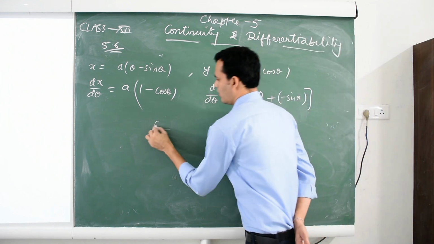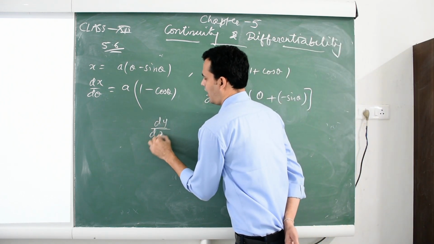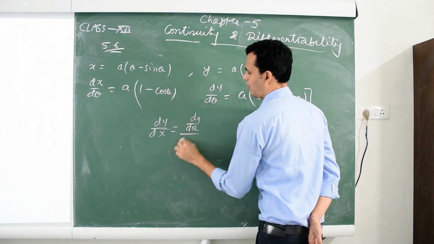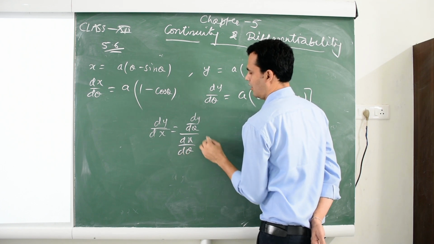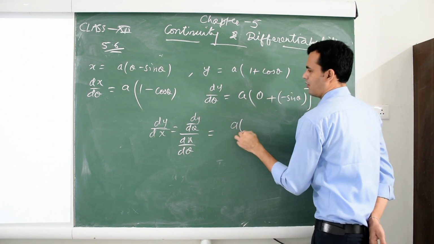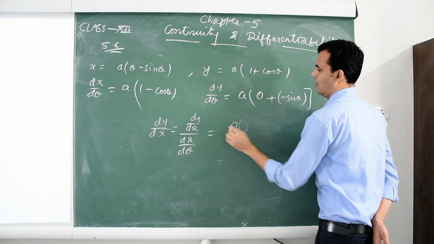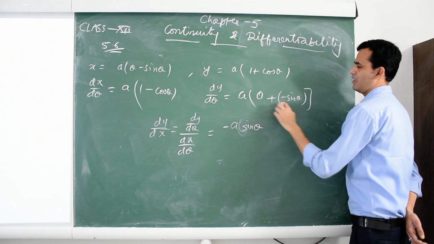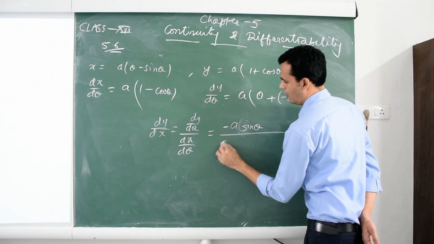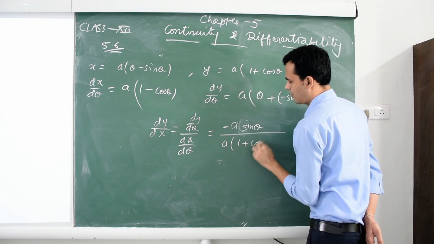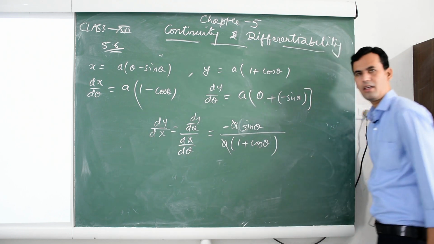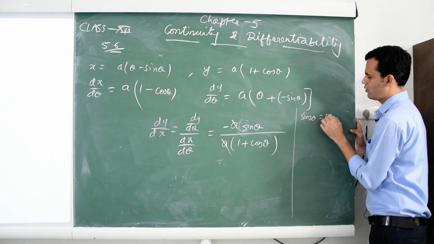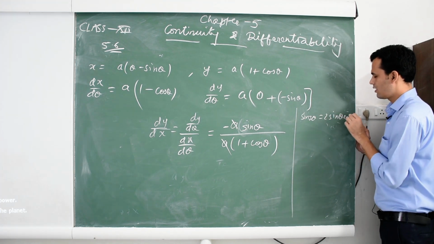Okay. Now dy by dx equals dy by d theta upon dx by d theta. So the value of dy by d theta is minus a sin theta upon a(1 plus cos theta). a cancels by a, and we know that sin 2 theta equals 2 sin theta cos theta.